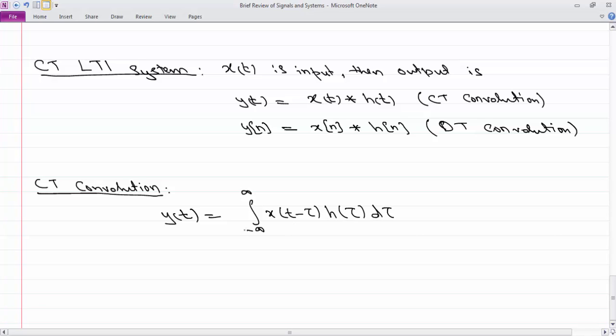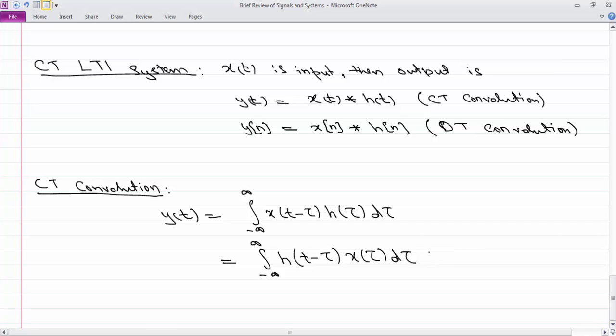Of course, tau is a dummy variable. You can replace it with whatever you like. And you can express it the other way around too. You can switch the roles of x and h, and you will get the same answer: the integral of h of t minus tau, x of tau, d tau.